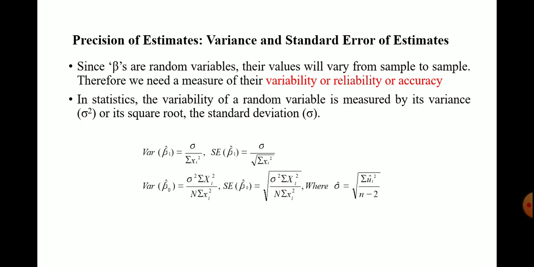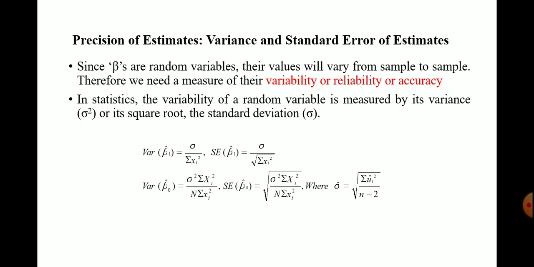So what is the variance of beta cap 1? It is small sigma square divided by sigma small x square. Its standard error is small sigma divided by the root of sigma small x square. Then what is small sigma? Small sigma is the root of sigma u cap square, or RSS, divided by n minus 2.